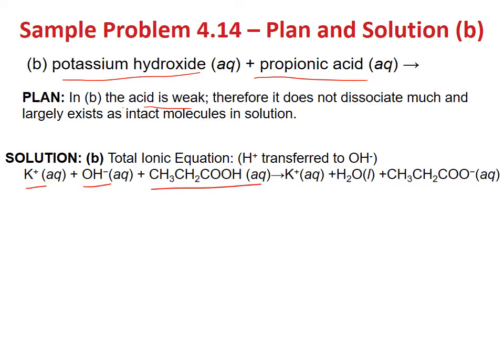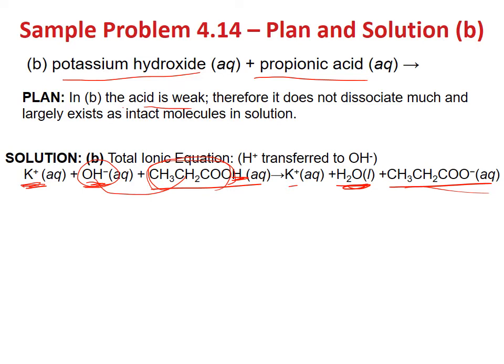And then this acid combines with the base, so the proton with the hydroxide forms water, and the conjugate base, propionate anion, forms in the product. Potassium doesn't change during the reaction, so it's a spectator ion.